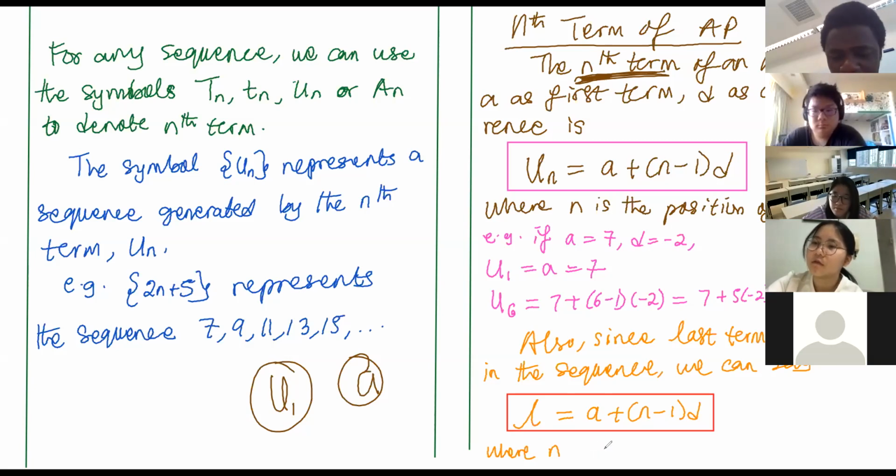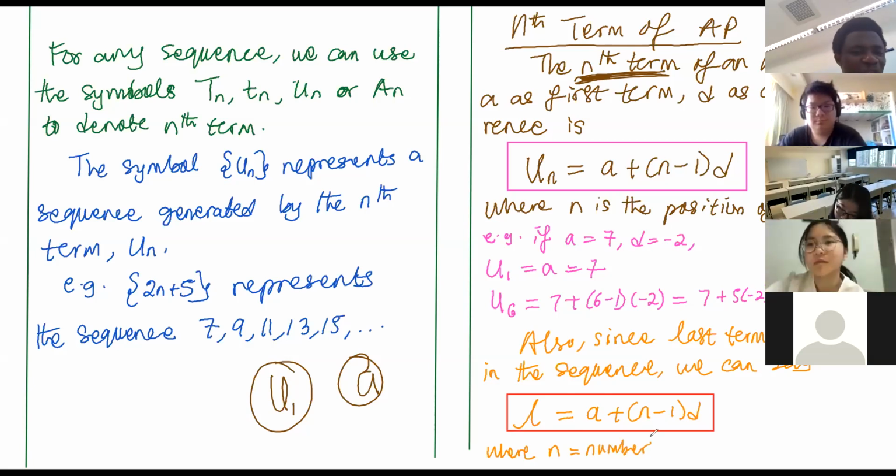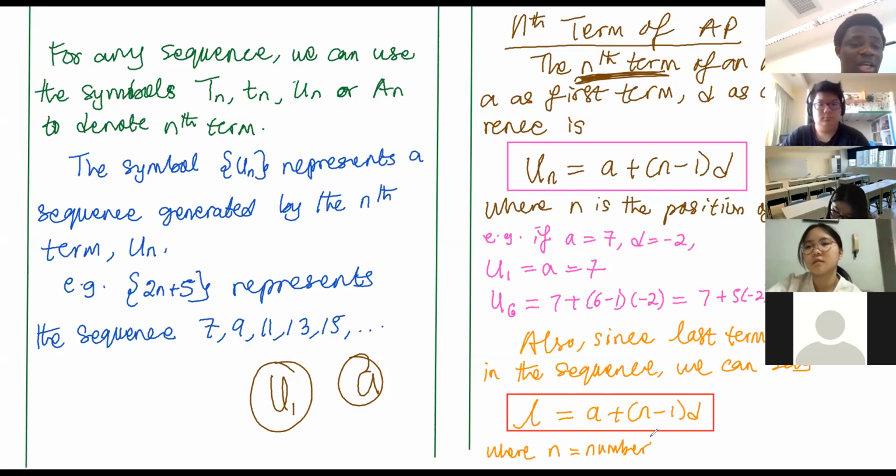So this time around, n will be the number of terms in the AP. The number of terms in the AP is the position of the last one, isn't it? If 10 people are on a queue, the position of the last person determines the number of people on the queue. The 10th position tells you there are 10 people altogether because the number 10 person is the last person.